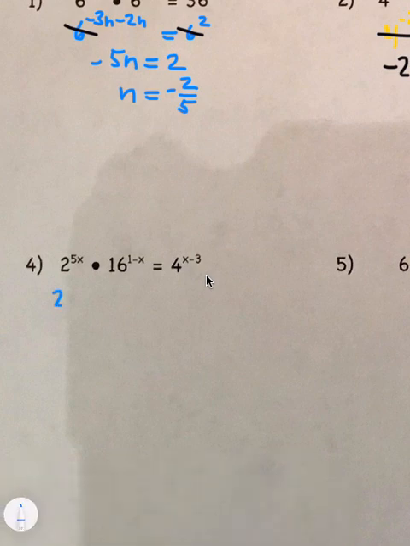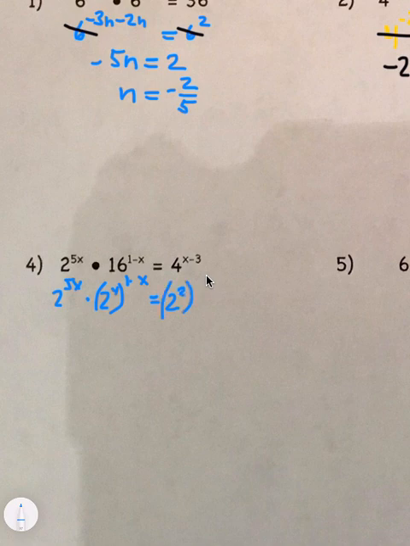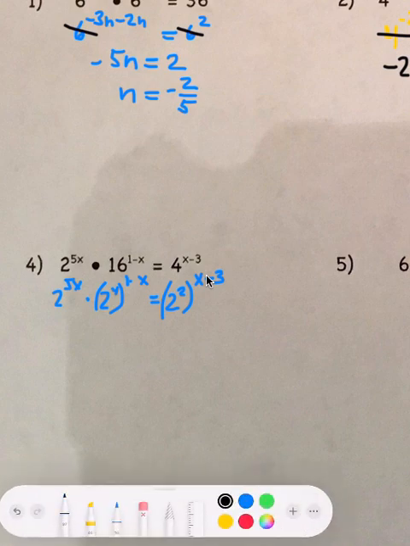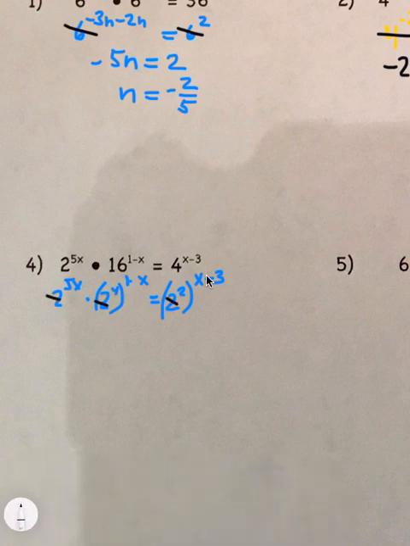So we're going to have 2 to the 5x times, so 2 to the 4th is 16, raise that to the 1 minus x, and then 2 squared raised to the x minus 3.